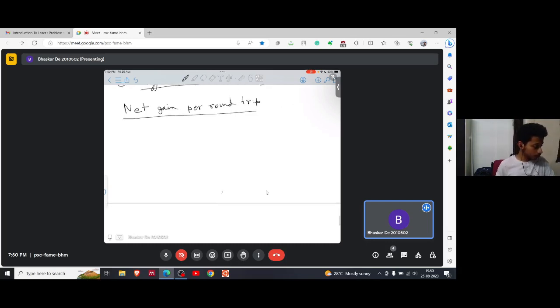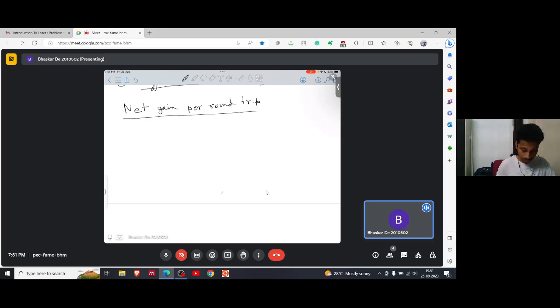So let's assume a round trip pass of the beam through the amplifier, and assume that the gain is uniform over the amplifier length. So the gain over the amplifier path is not changing over time, so it is constant. In this particular case, the beam will experience an exponential growth for a round trip.